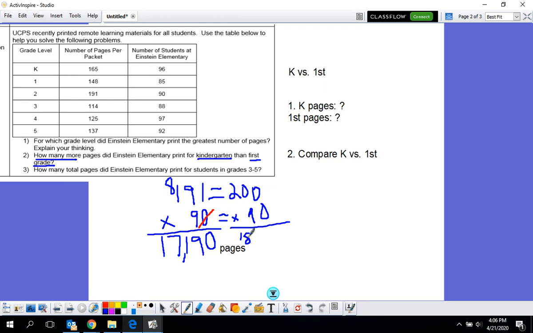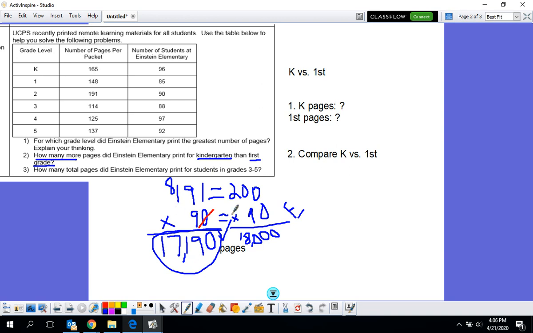And then use those zeros that I know shift my digits over in the place value system. So this should be near about 18,000. Again, this is my estimate. Let me put my E there. And if I look at my actual answer, it is very close to 18,000, so I know I'm probably correct. So I would say for second grade, the amount of pages is 17,190.